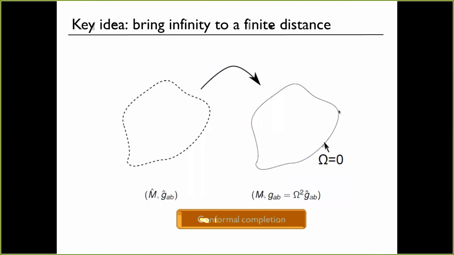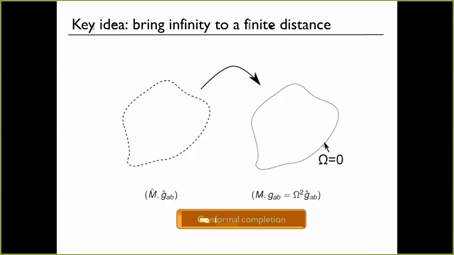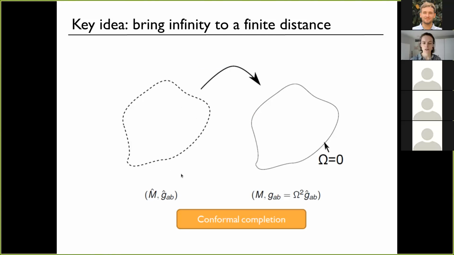Of course, those infinities don't fit on the screen. So a trick to bring infinity to a finite distance was introduced by Penrose into GR, and that trick is known as a conformal completion. The idea is quite simple. We start with some arbitrary manifold with a metric on it. Say, take flat Minkowski spacetime.